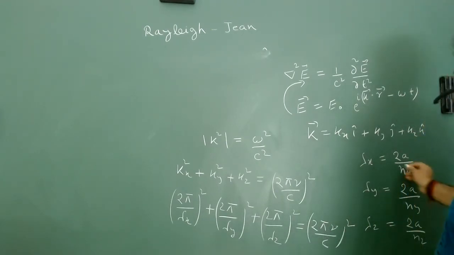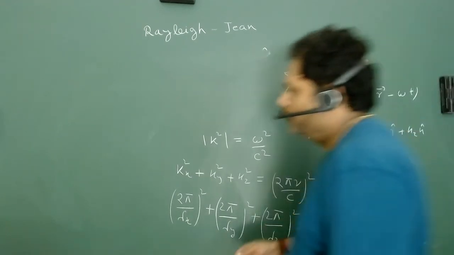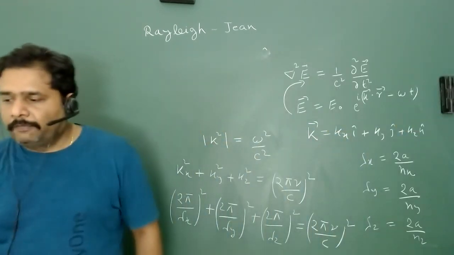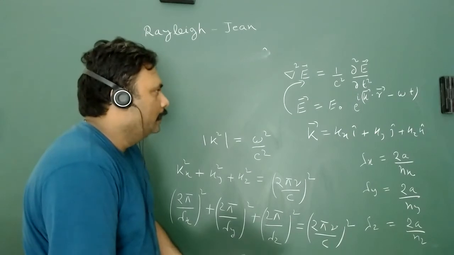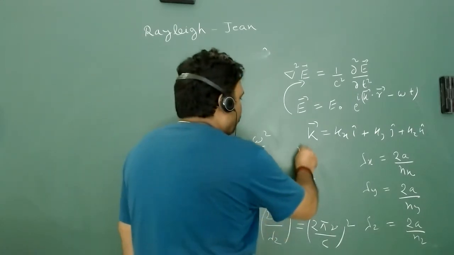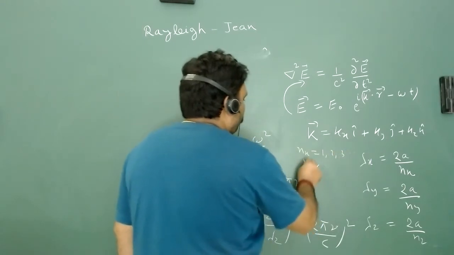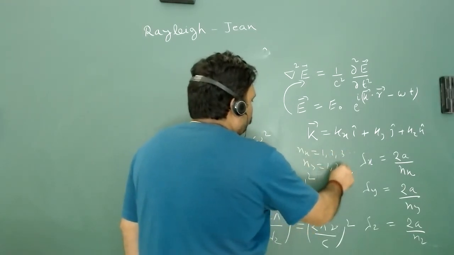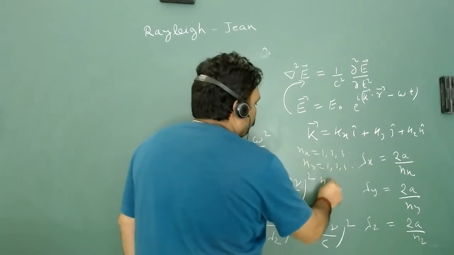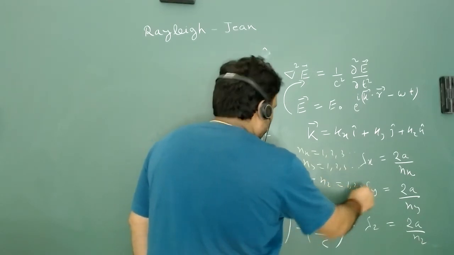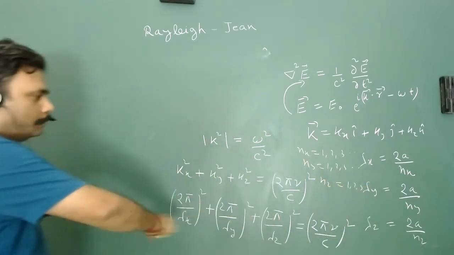And what is nx? nx will go from 1, 2, 3 and so forth, and ny is equal to 1, 2, 3 and so forth. Similarly, nz is equal to 1, 2, 3 and so forth. And so we can put it here.